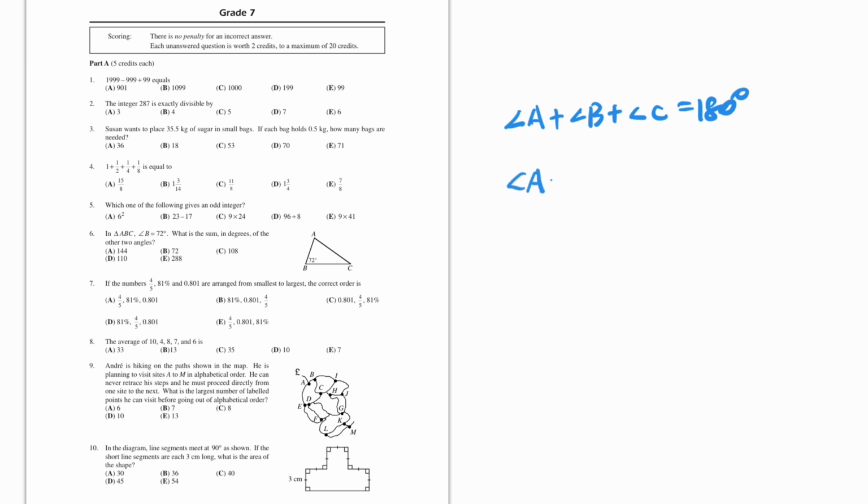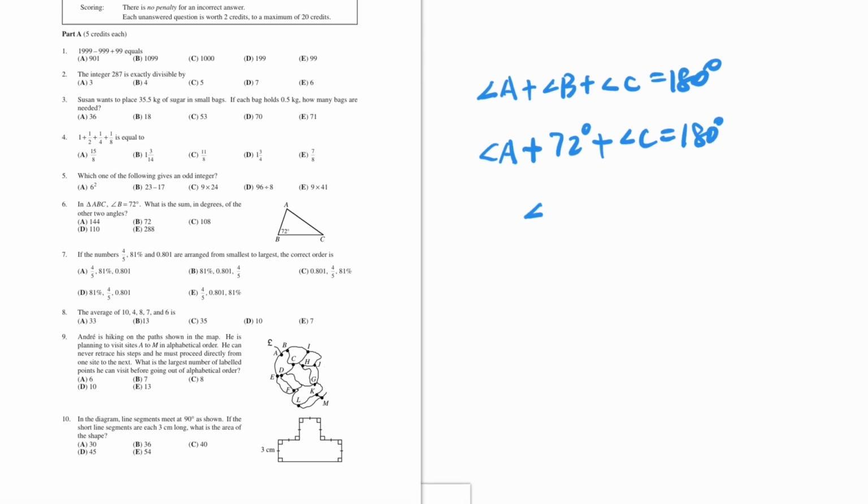Angle B is 72 degrees, so angle A plus angle C equals 180 minus 72, that's 108 degrees. They ask for the sum of the other two angles, so the answer is C.